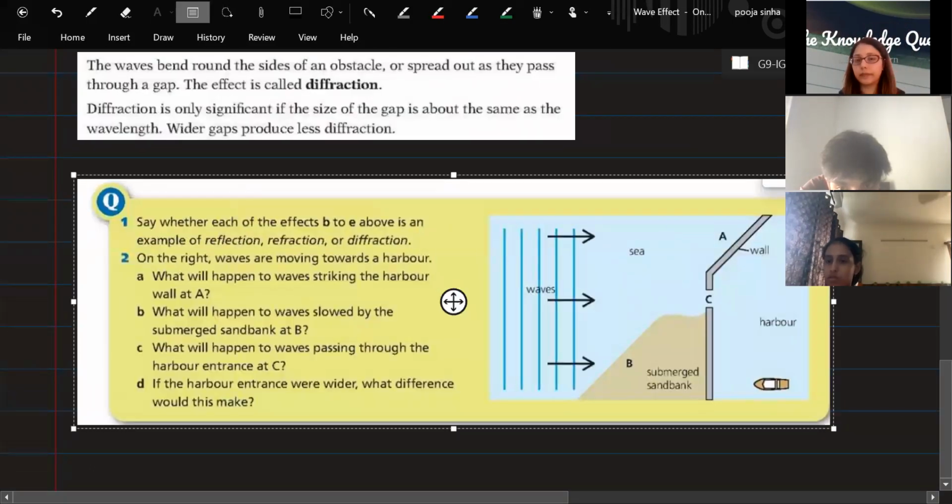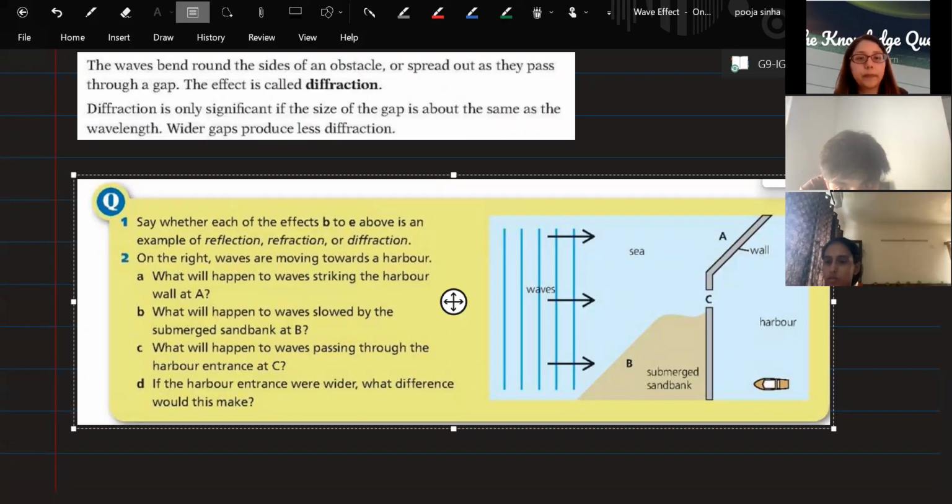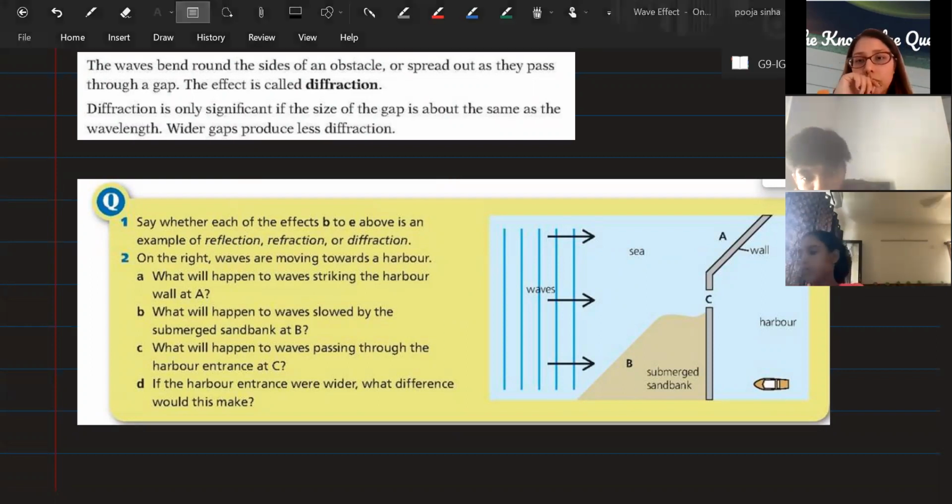Write it in your notebooks. Say whether each of the following effects above is an example of what? Okay, I'll tell you.